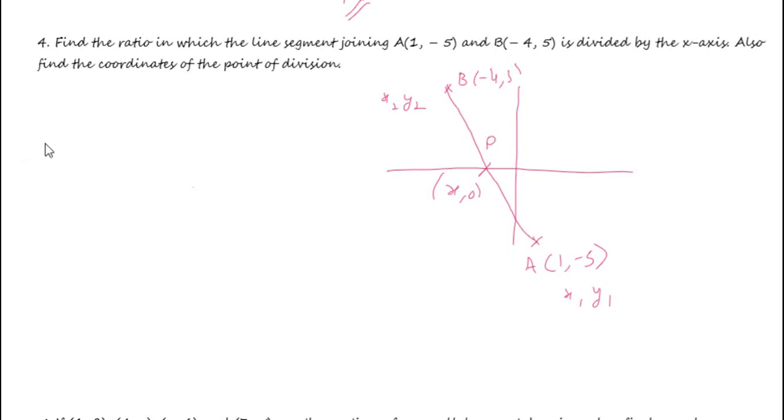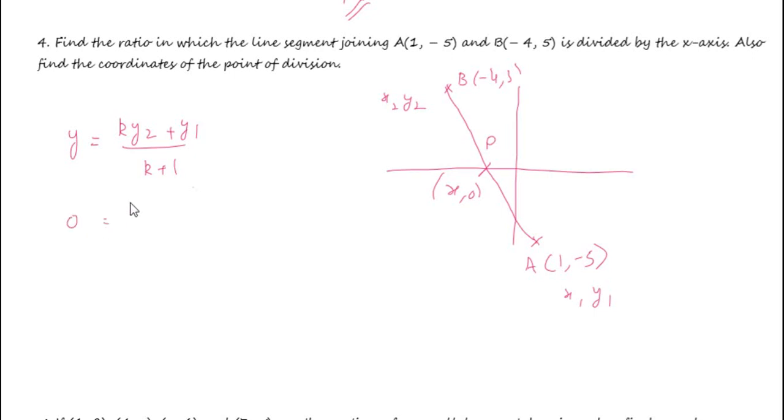Now from the section formula, we know the y coordinate y equal to (k y2 plus y1) divided by (k plus 1). Now y coordinate here is 0.